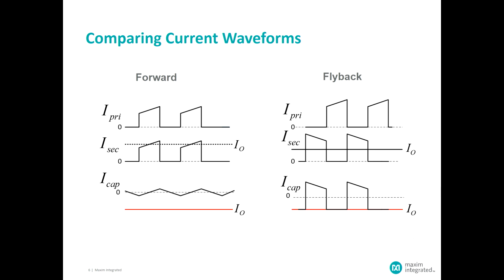So you have high AC currents in the capacitor. You have higher peak currents in the transformer windings because you've had to put all the energy in during just the portion of the cycle that the switch is closed, where over on the forward, you had energy flowing continuously through, so the peak current levels are lower. So, a distinct difference between the two.